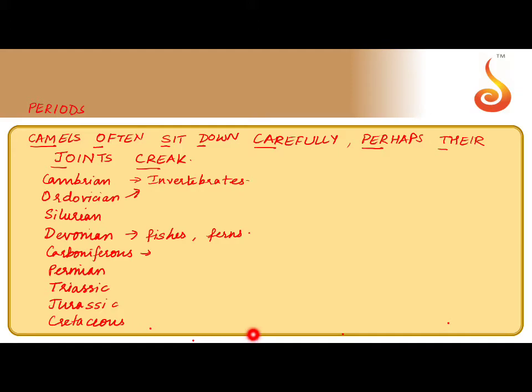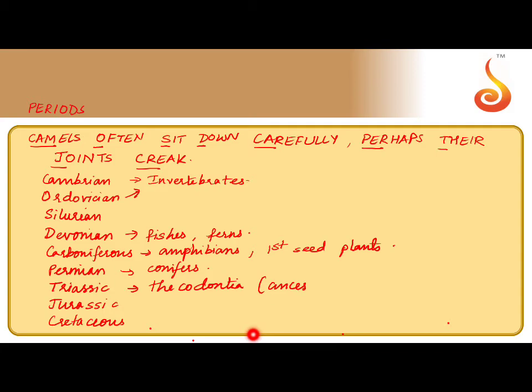Carboniferous time we see amphibians and we also see the first seeded plants coming into existence. Permian we see conifers. Triassic we see Thecodontia, which is nothing but ancestor for dinosaur.